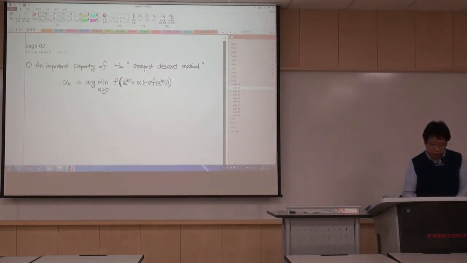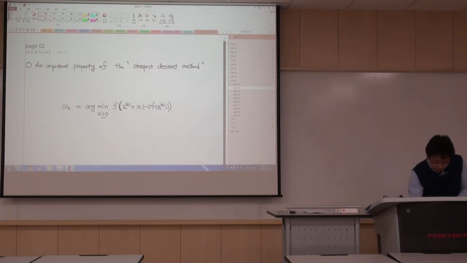When you have this one, let me state a little bit clearly. First definition, the steepest descent algorithm has two components.